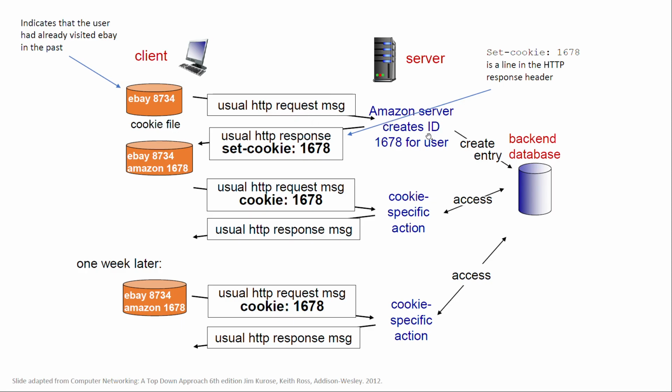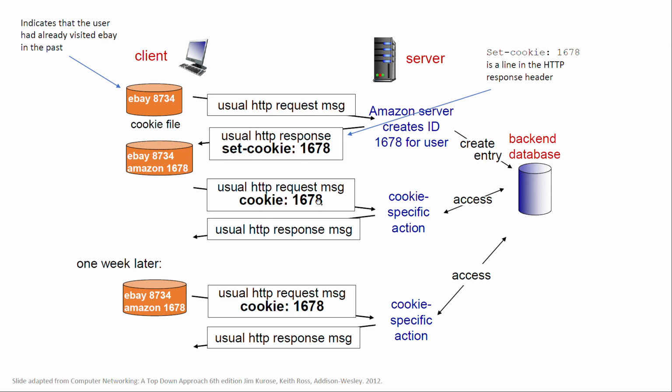So the server creates a unique ID for this visitor, and in its response it also says set cookie to this. The browser now creates a new cookie file for Amazon, and Amazon creates an entry in its database with this unique ID for this user.